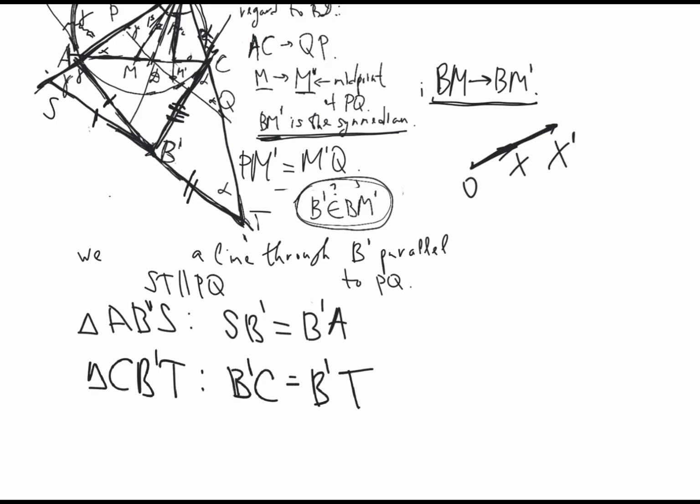But notice that actually all four of the segments are equal, because AB' and CB', so B'A and B'C, these are tangents to the same circle from the same point. So B'A and B'C are equal to each other as tangents from the same point B' to the same circle.